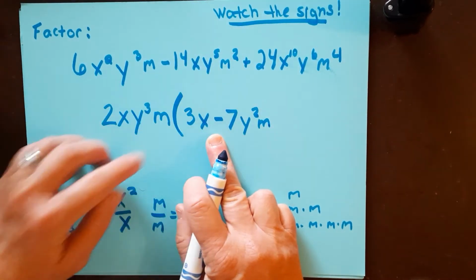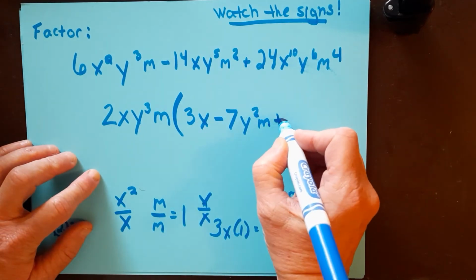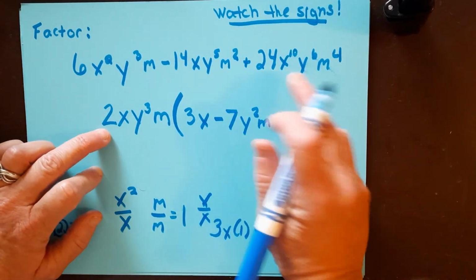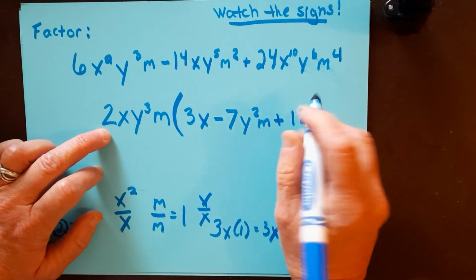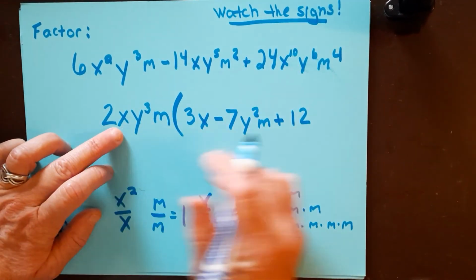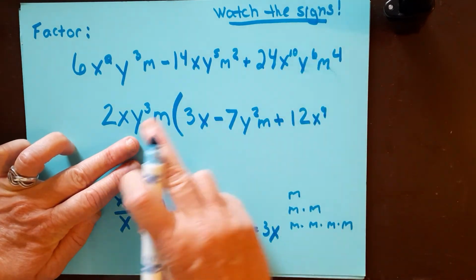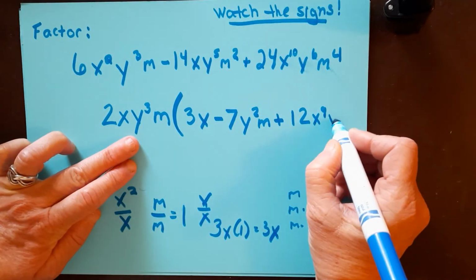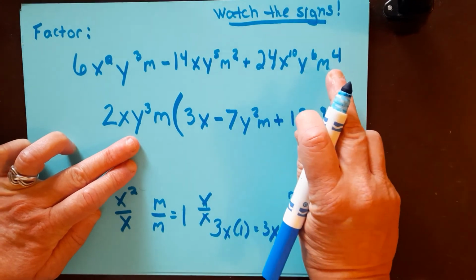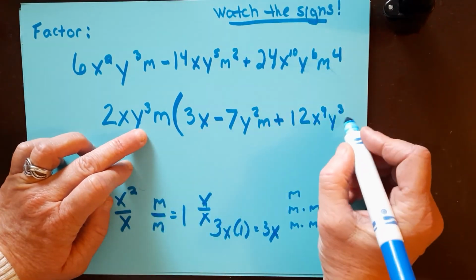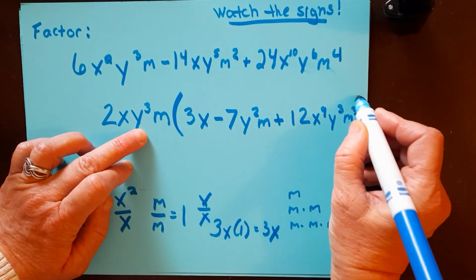We have one more term to look at. We're going to add. We have 24 divided by 2, which is 12. X to the 10th divided by x leaves x to the 9th. Y to the 6th divided by y to the 3rd is y to the 3rd. And m to the 4th divided by m is m to the 3rd.